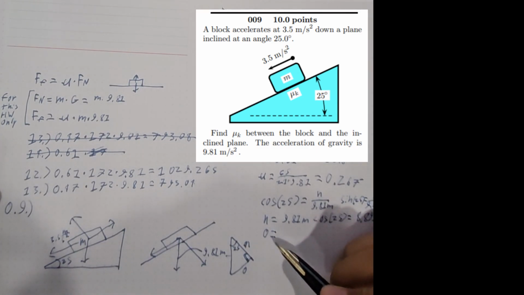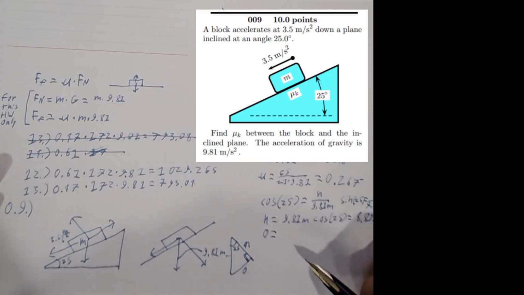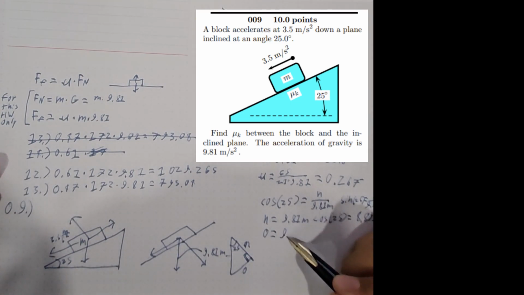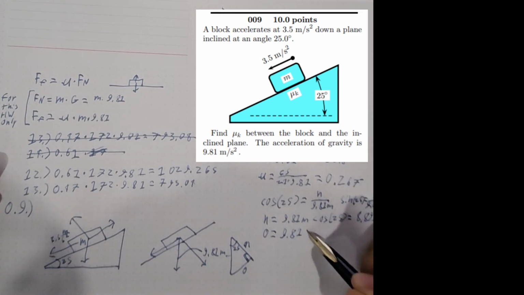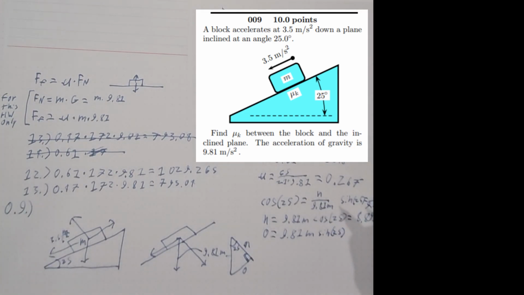So O is equal to 9.81 m sine 25, which is equal to 4.146 m. Okay.